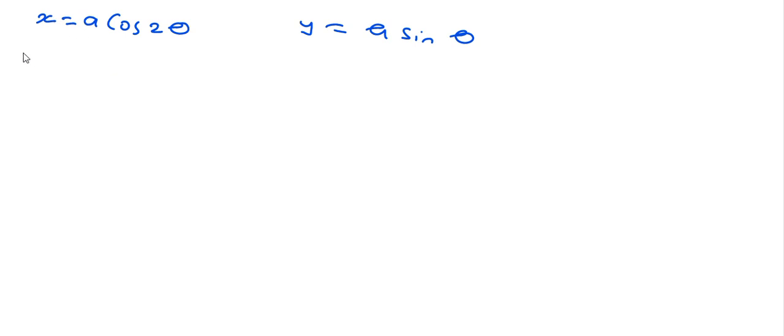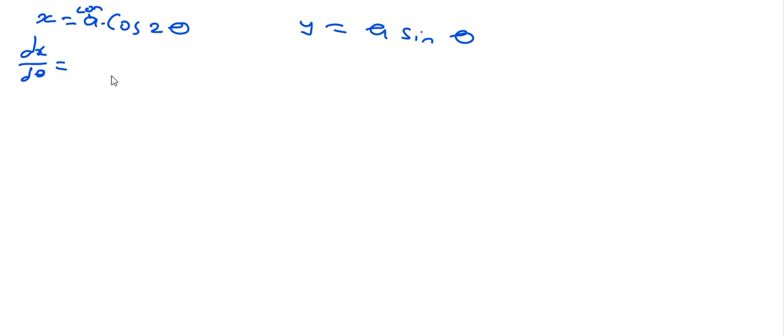This is a product rule where we have a and cos 2 theta. So dx over d theta is going to be, remember, a product rule. This a is a constant, it's a number.